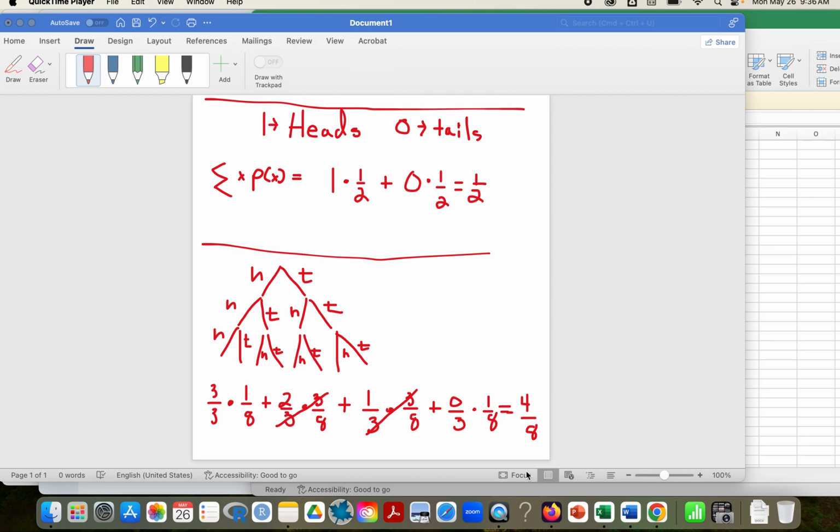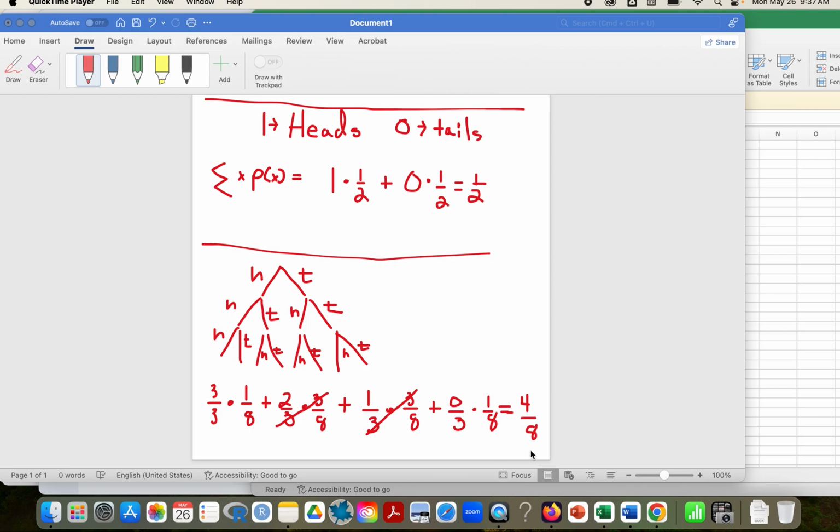Hello, everybody. So, this is going to be the central limit theorem for proportions, and I'm going to break it up into potentially a couple videos.